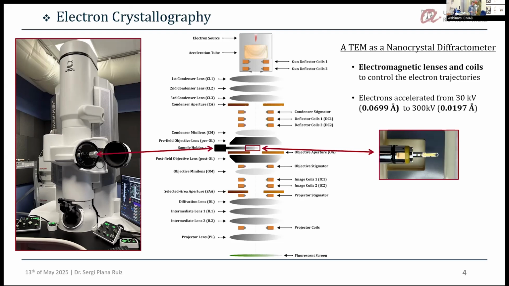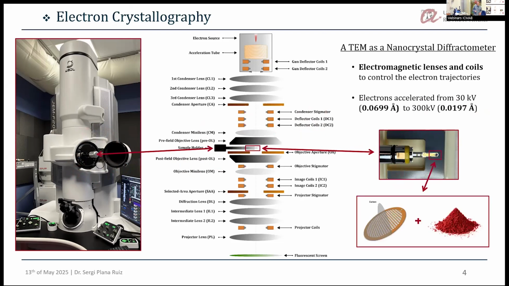As I said, the sample goes in this part here, so we have these sample holders. If you have a powder sample, the preparation is very easy. We just take the powder, put it on top of these grids, and then put it in the sample holder inside the TEM, and you are ready to go.